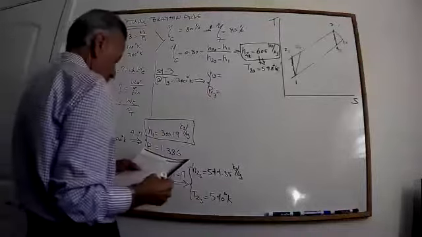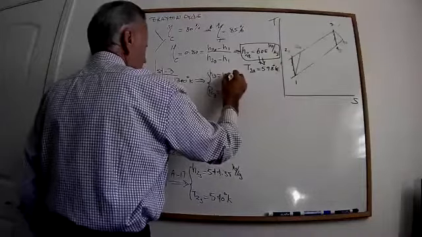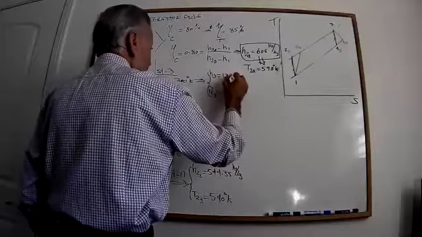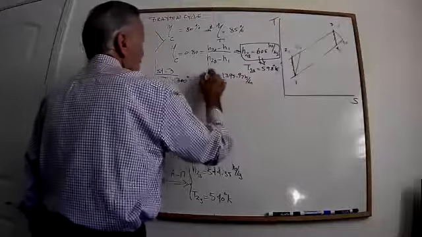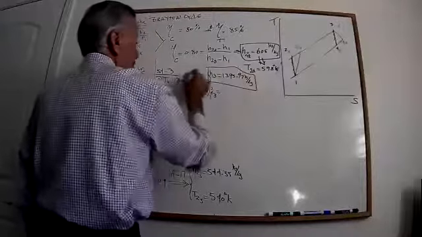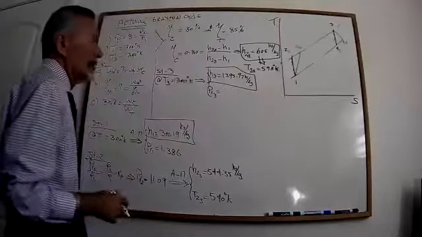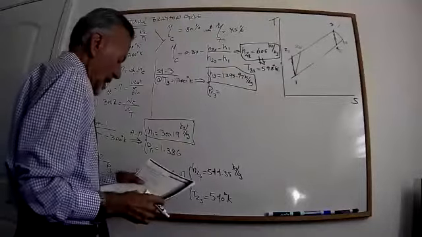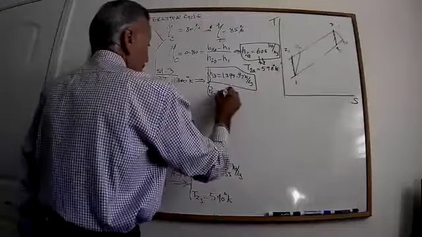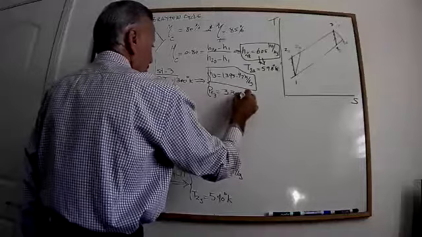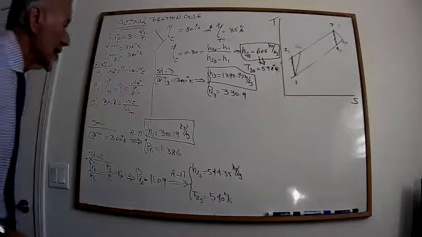If you look at the table, the value of H3 becomes 1,395.97 kilojoule per kilogram. That's the value of H3. And PR3 becomes 330.9. So I'm done with state 3.